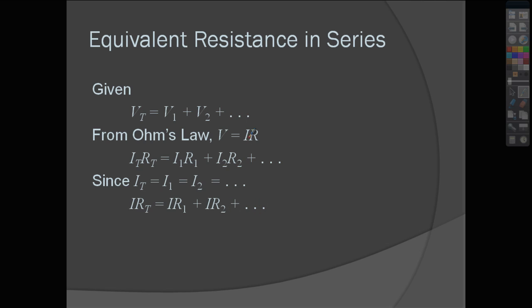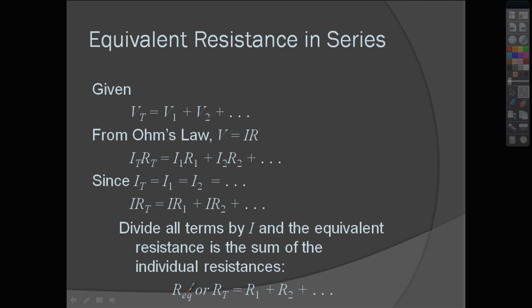And since it's a series circuit and the current is the same for all resistors, we could just get rid of the subscripts on all the I's, like so. In doing this, we can actually get rid of the I since they're all equal, and we're left with the equivalent resistance, or total resistance, equals the sum of all the resistors in the series.